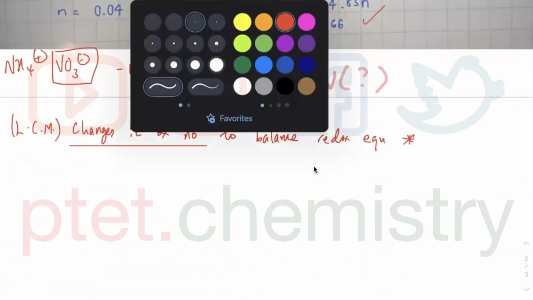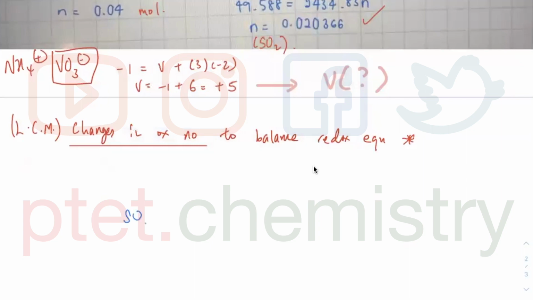Now there's some stuff you probably need to know. When SO2 acts as an oxidizing agent, what is it going to become when it acts as a reducing agent? The question might ask you what is meant by a reducing agent. Your problem previously was about the definition, right? It reduces the other substance, but itself gets oxidized.